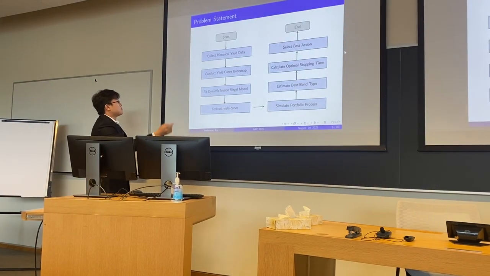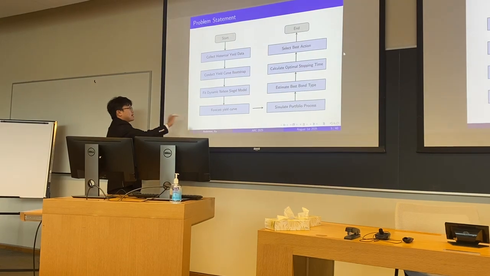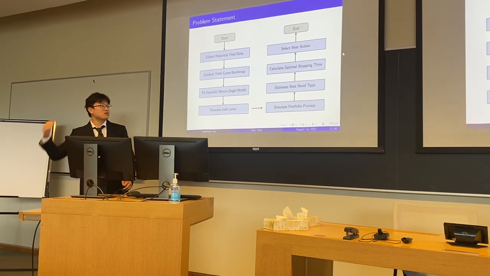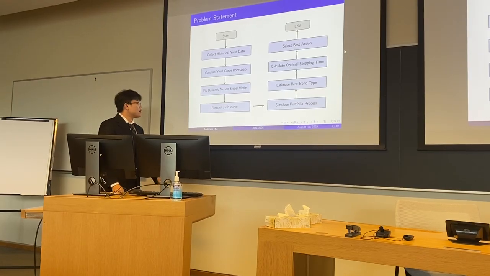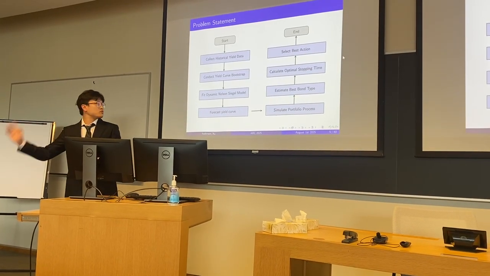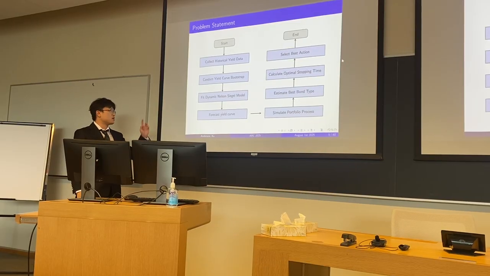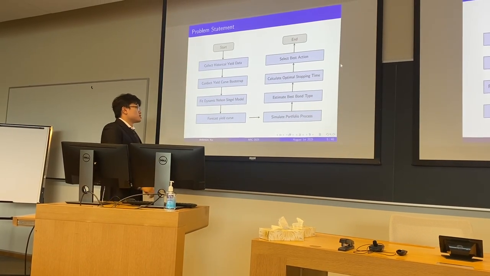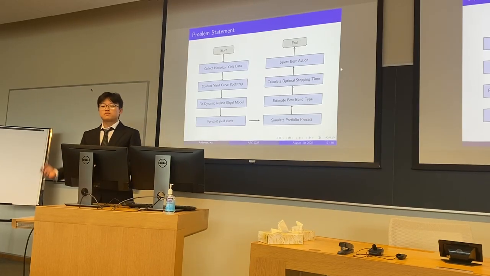After we get the bootstrap data, we fit a dynamic Nelson-Siegel model, which is a model we usually use to fit a yield curve. Then, with this yield model, we want to project for the future, so it comes to a yield curve forecast. After that, we do a simulation of our portfolio process.